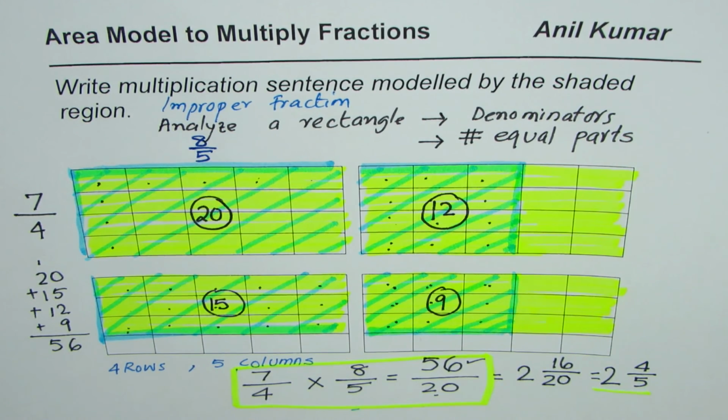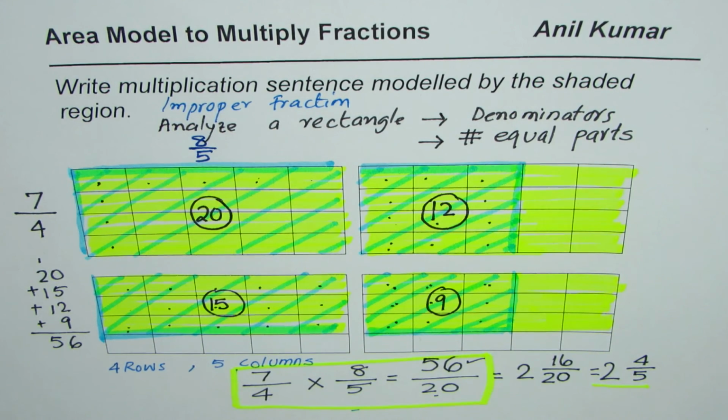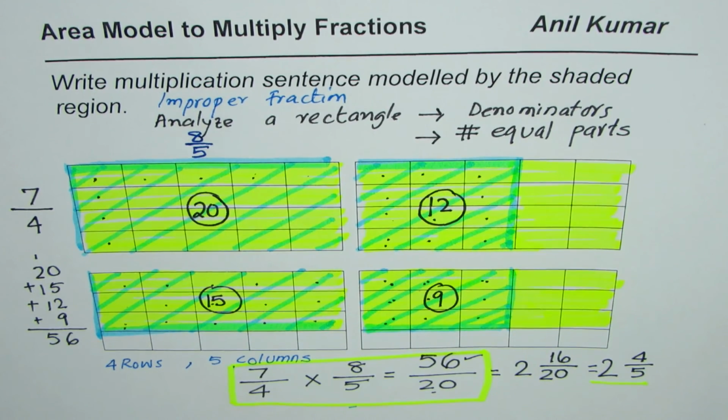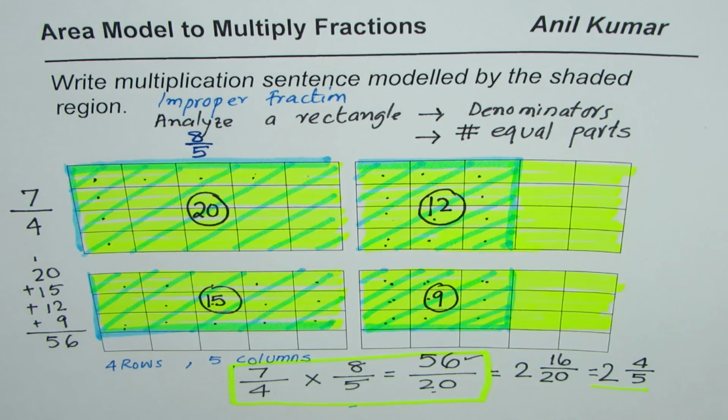So that is how you have to understand and answer this question. I hope this method is clear enough to understand this very important concept of multiplying improper fractions. Thank you and all the best.